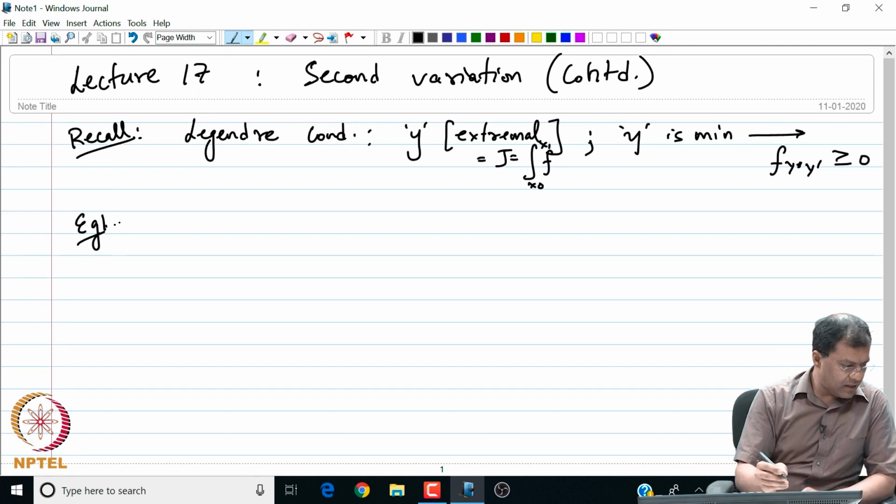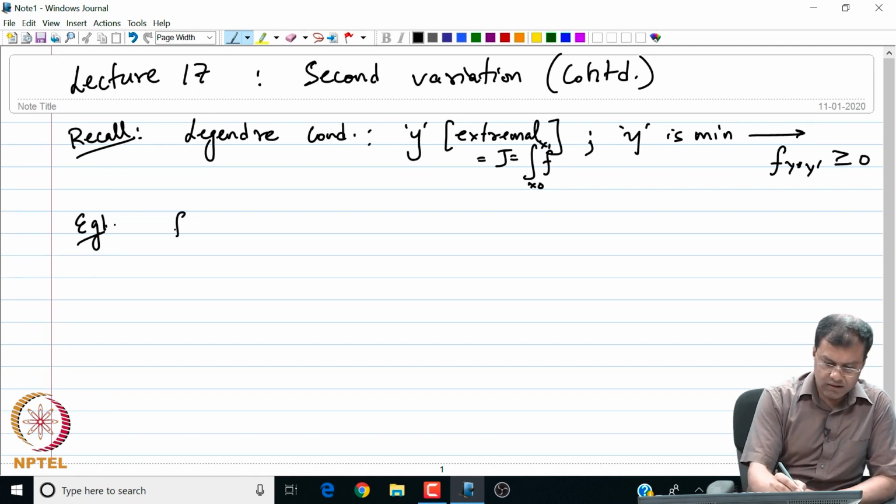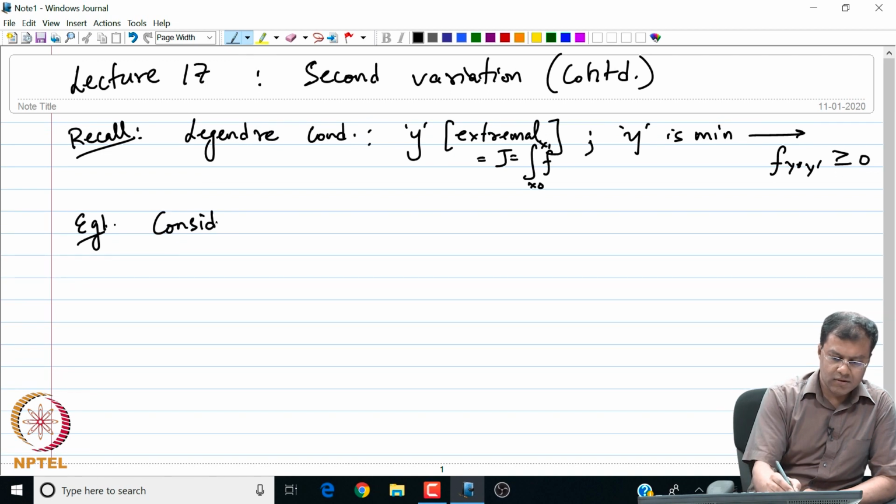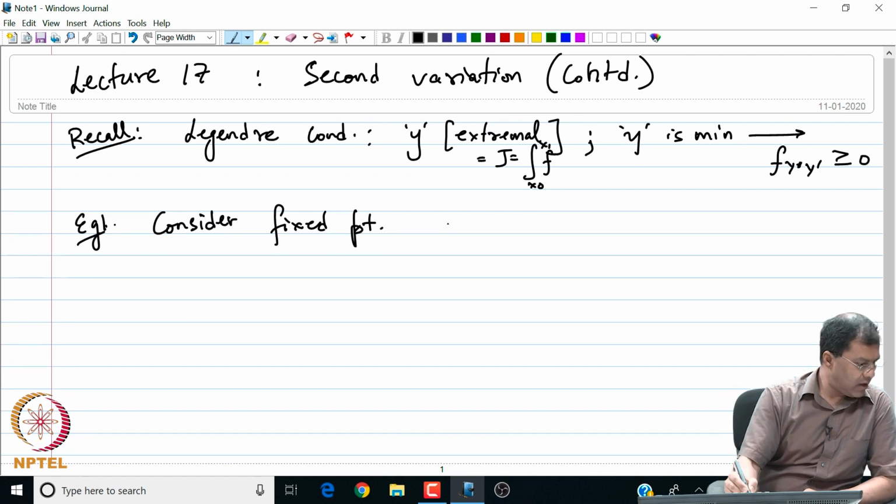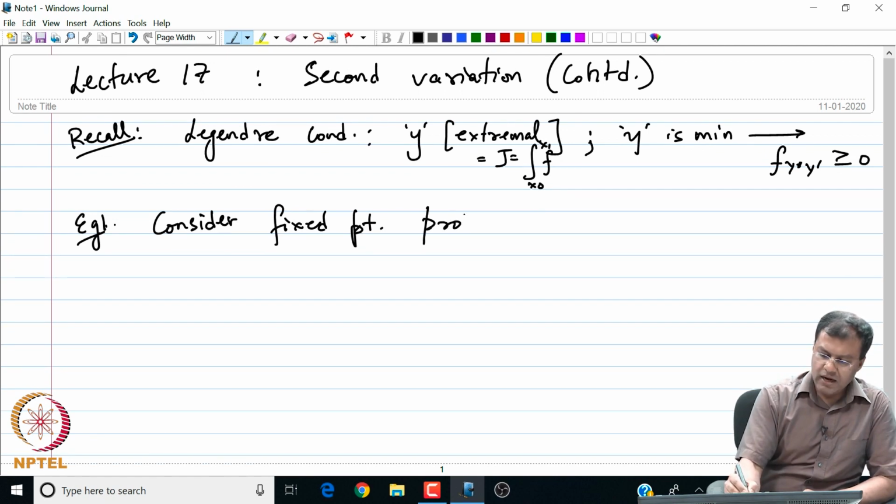So the first example that I have is, let us look at this. So consider this fixed point problem where I have to determine the nature of the extremal.